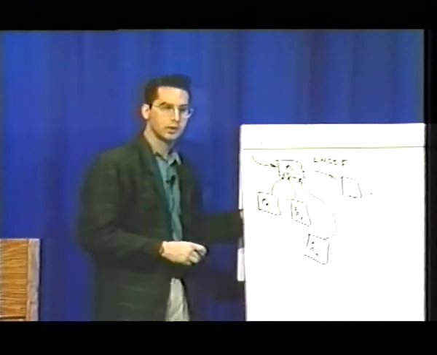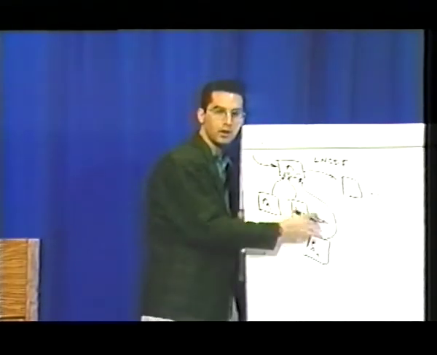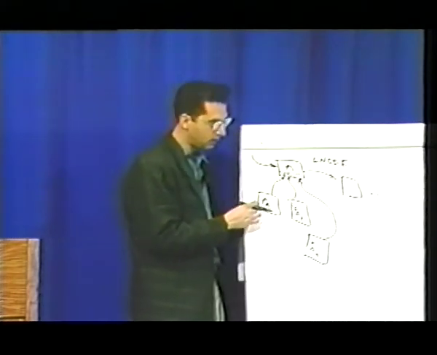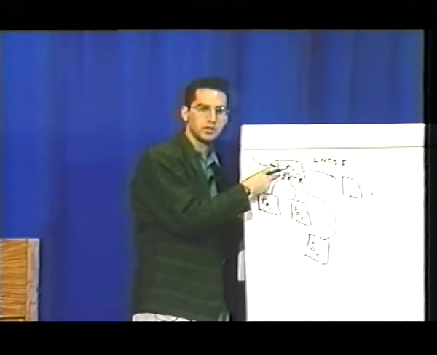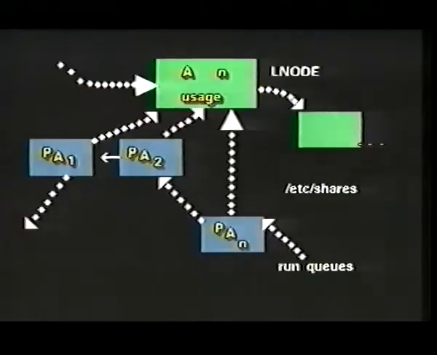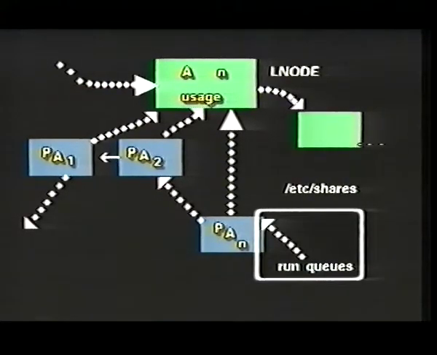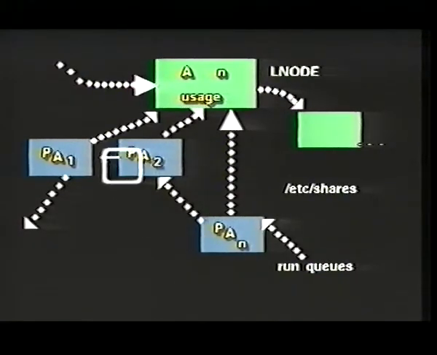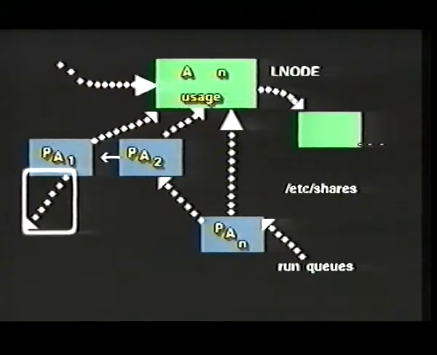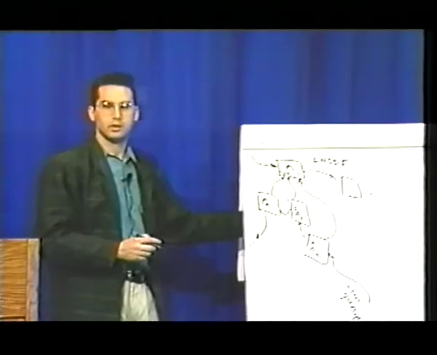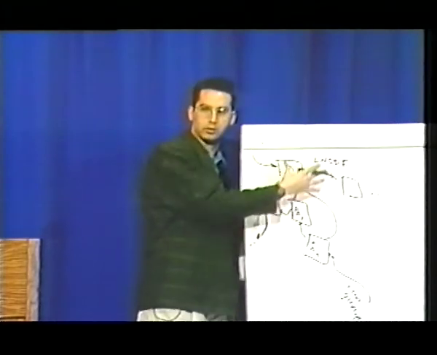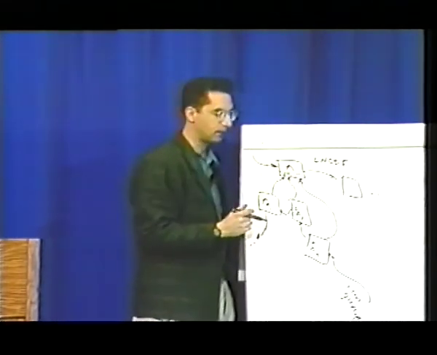And when share wants to affect the priority of your processes down here, it'll look at process A1, do some manipulation with its L node, and assign a new priority to it. Remember, also, the run queue runs through here as well, through this process space, and the share group information is kept by the order of the L nodes and things like that.